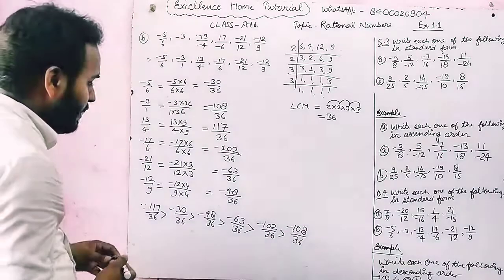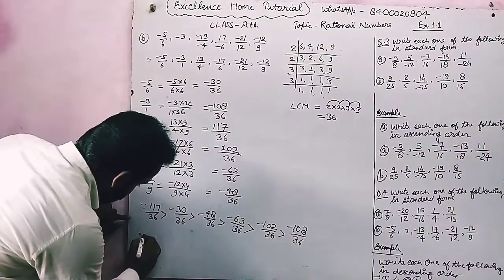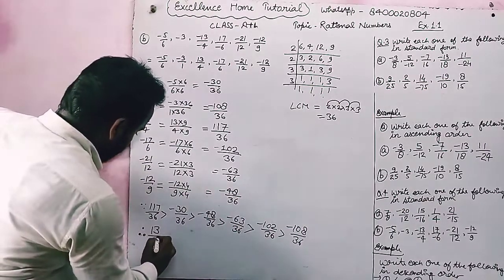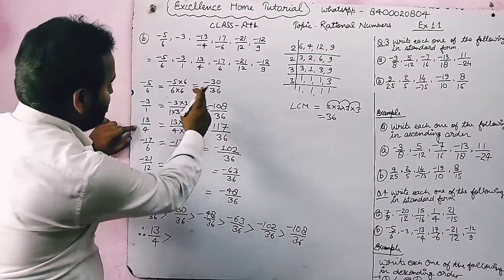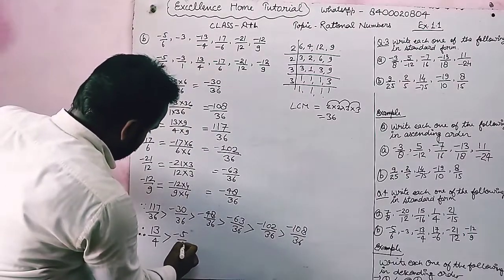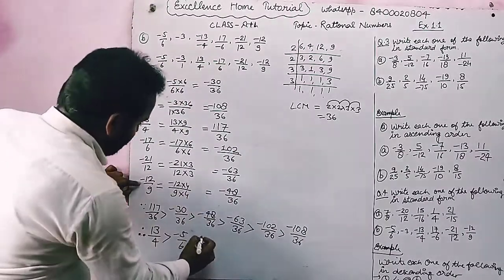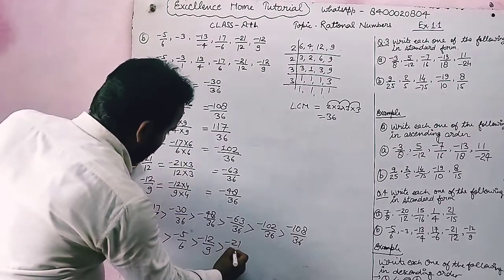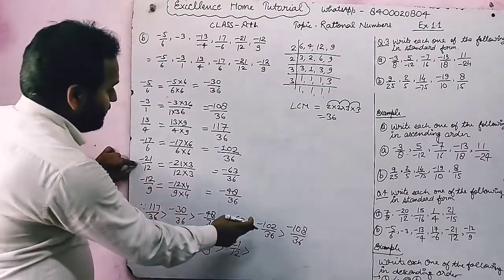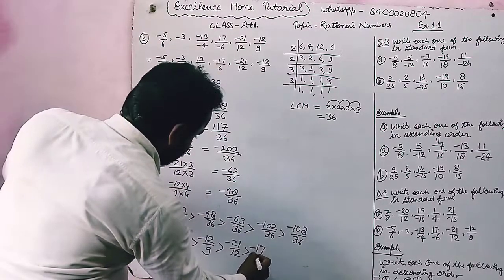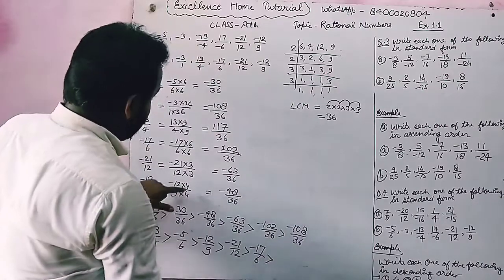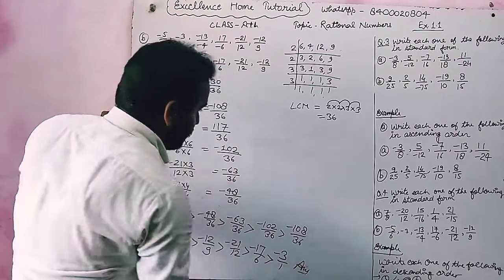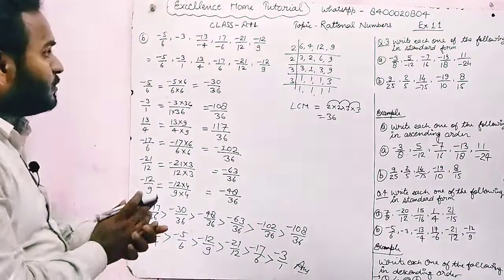This is the answer, and in original form, 117 is 13 by 4, greater than minus 30 which is minus 5 by 6, and minus 48 which is minus 12 by 9, and minus 63 which is minus 21 by 12, minus 102 which is minus 17 by 6, and 108 is minus 3 by 1. That is it. This is the answer. So we can solve the question very easily.